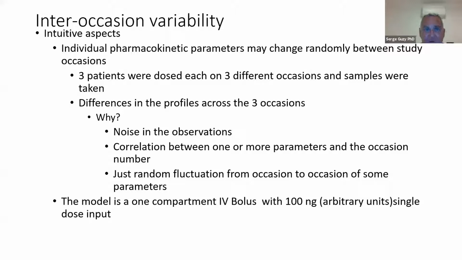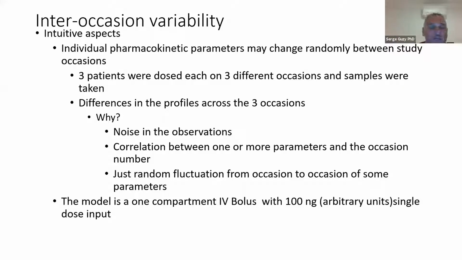Inter-individual variability quantifies the variability between individuals. Now, I'm pretty sure that you are all familiar with crossover studies. In a crossover study, you take the same patient and give one formulation, then another, and you wait a washout period, let's say 2 weeks, and again you give either another formulation or even the same formulation.